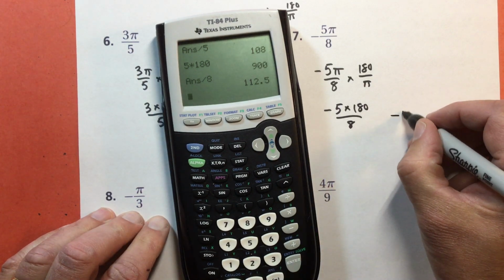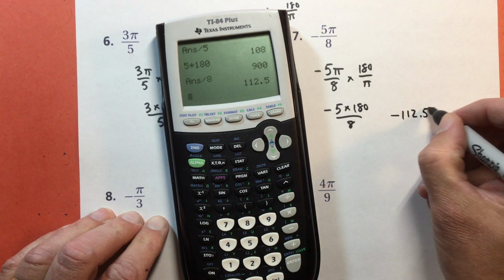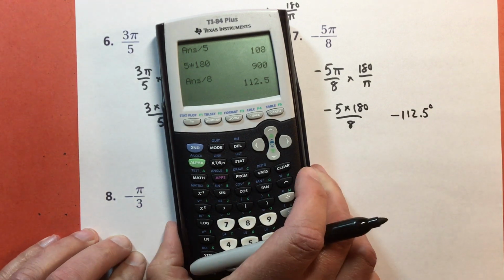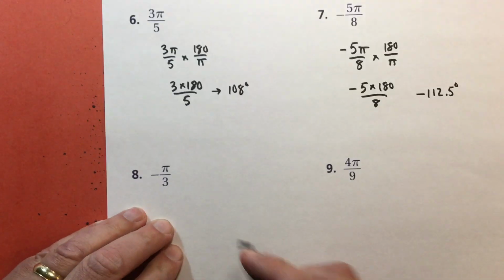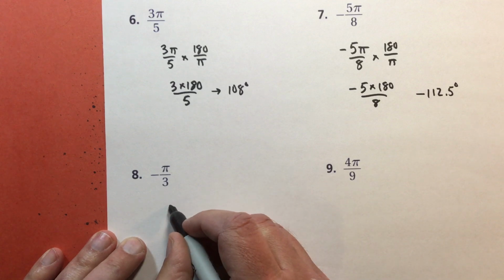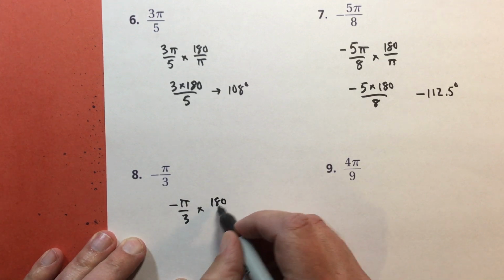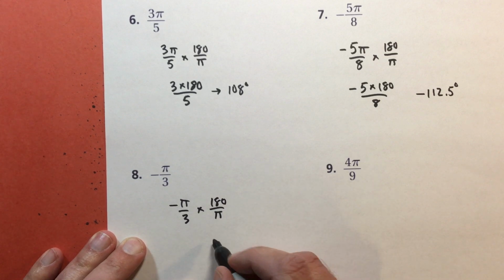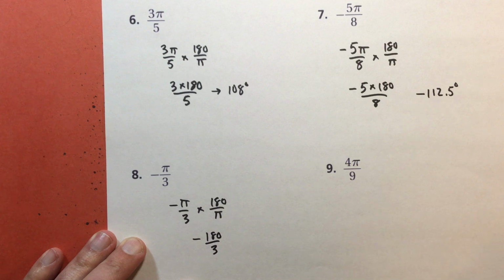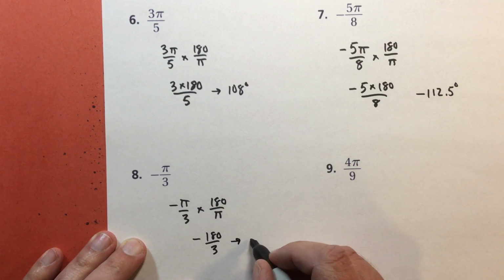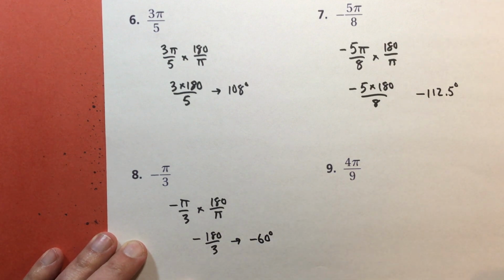So this is going to be negative 112.5 degrees. Negative pi over 3 times 180 over pi again. This is negative 180 divided by 3, and that one I can do in my head. This becomes negative 60 degrees.